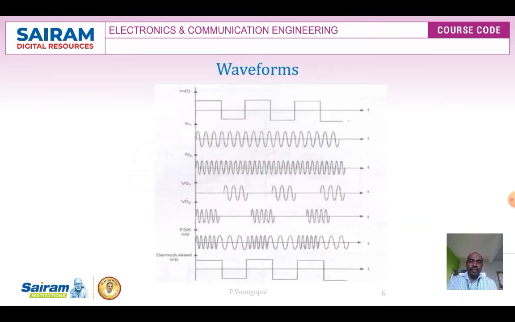So let us see the waveform for this FSK. m(t) is the square wave signal which can be expressed in terms of binary ones and zeros, or high and low. Next, carrier 1 is of low frequency and carrier 2 is of higher frequency. As you see, the frequency of carrier 1 is lower than the frequency of carrier 2. The frequency of carrier 1 is 1 kilohertz, and the frequency of carrier 2 is 3 kilohertz.